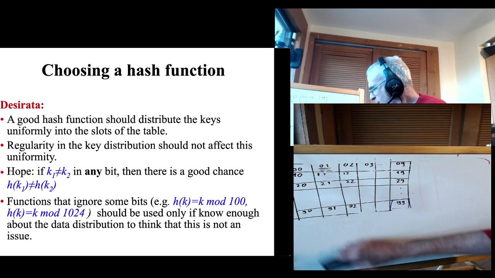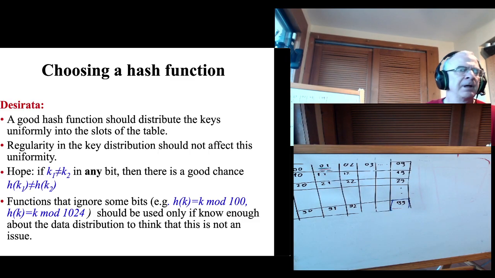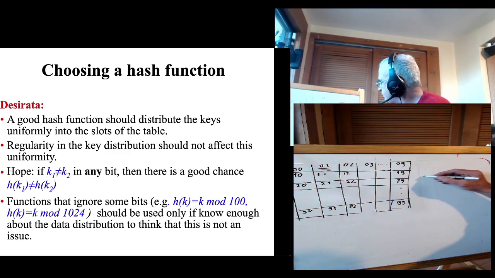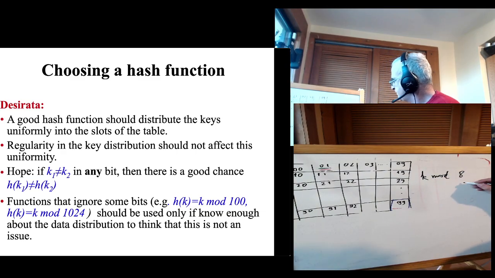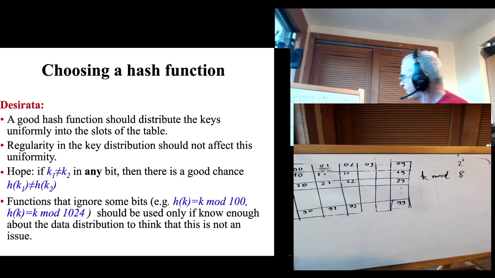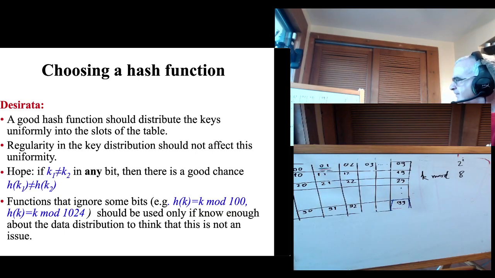What's the quickest way in C to implement k mod? Let's do it modulo 8. Actually, any number which is a power of 2: k mod 8, k mod 16, and so on.